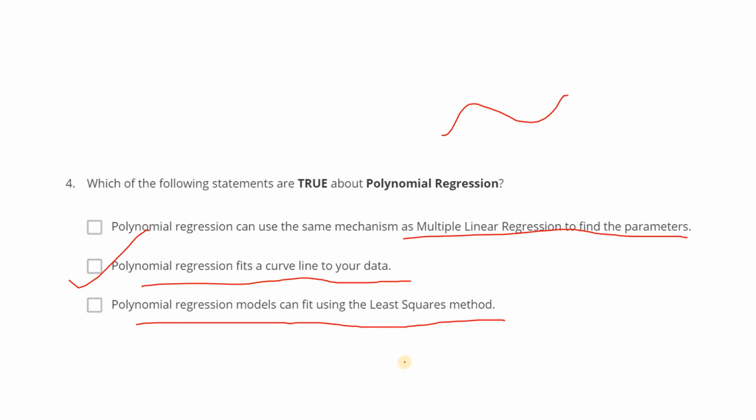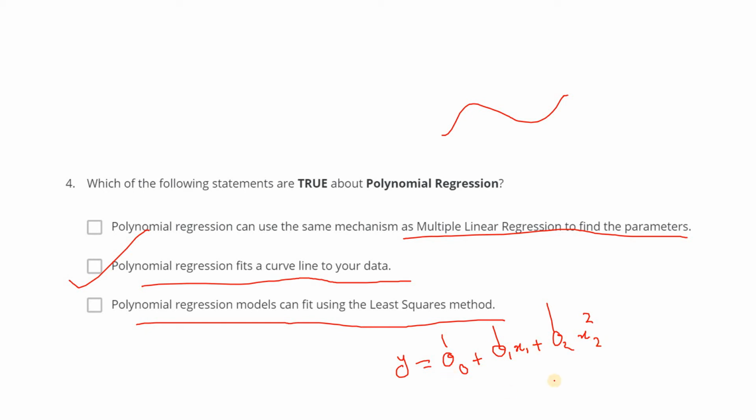Then the next one. If you recall the polynomial regression normal equation, y equals theta naught plus theta 1 x1, where the first feature follows a linear relationship, plus theta 2 x2 square. Suppose there are two input features x1 and x2, and this is the polynomial regression equation, for which we have to find theta naught, theta 1 and theta 2.